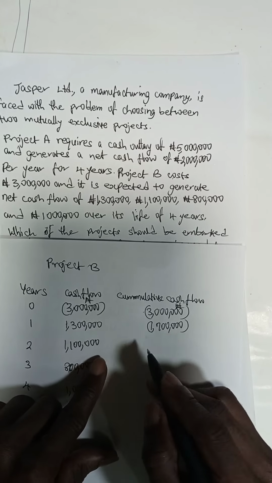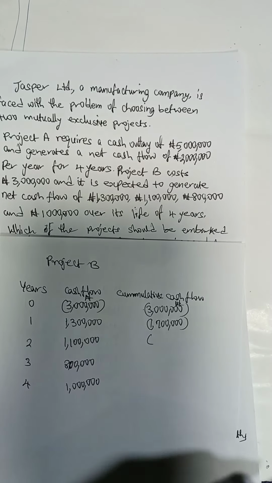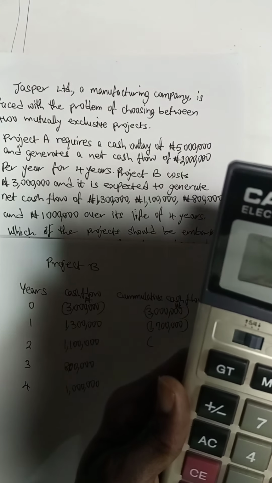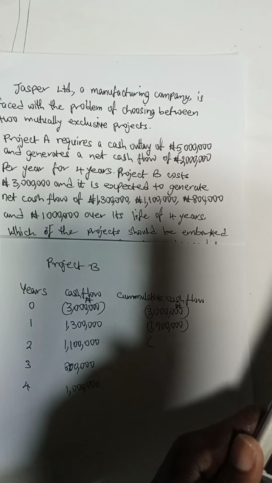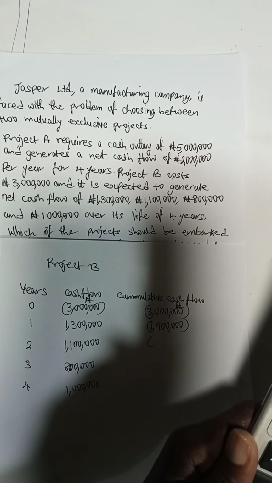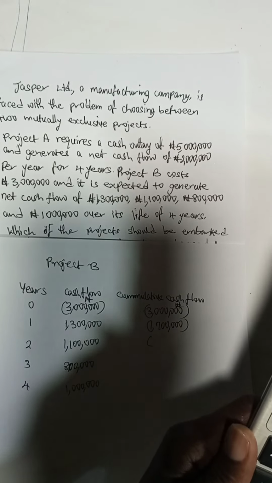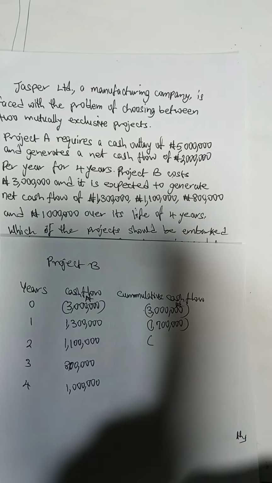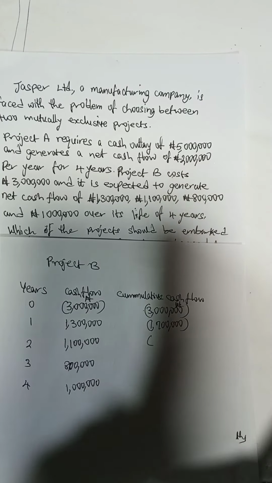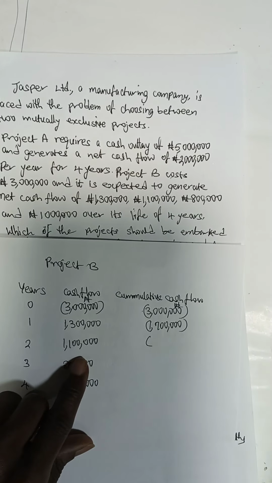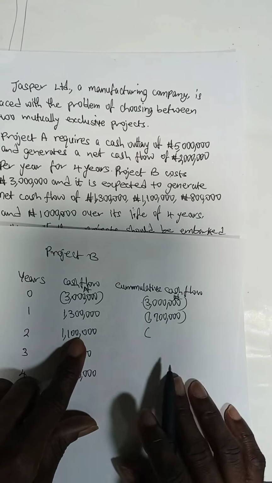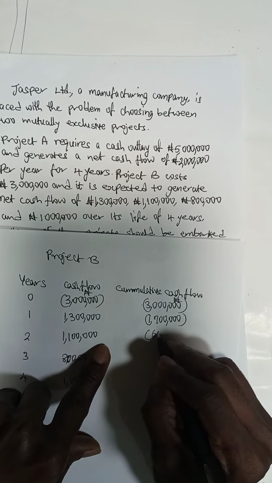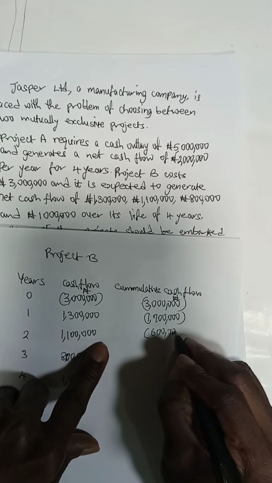Then this 1.1 we reduce from this 1.7. You can still use our calculator. 1.7 minus 1.1, we get 600,000.